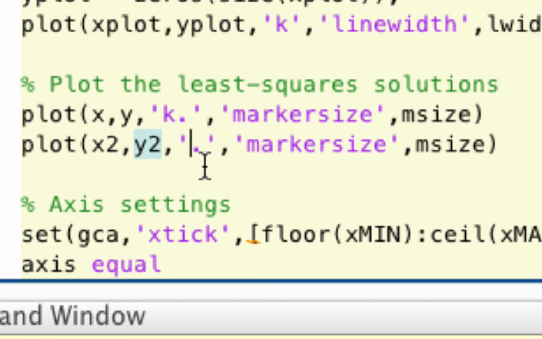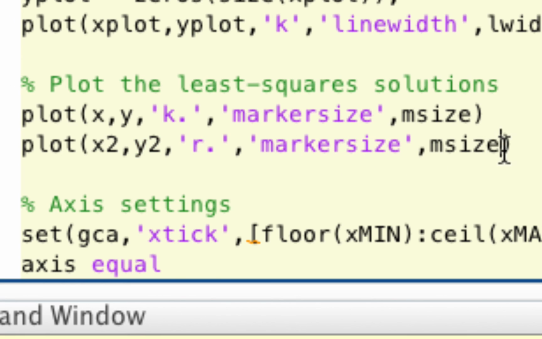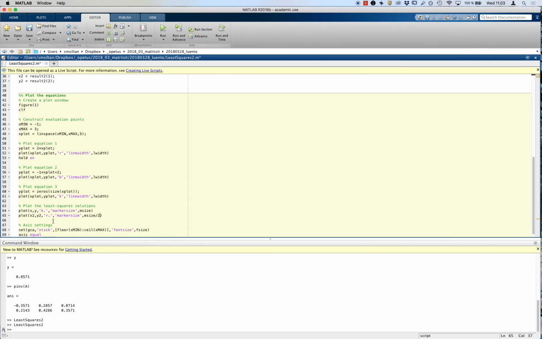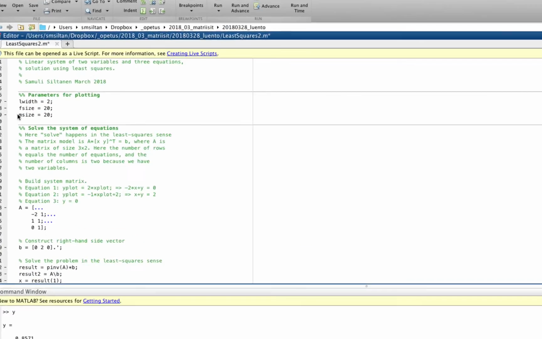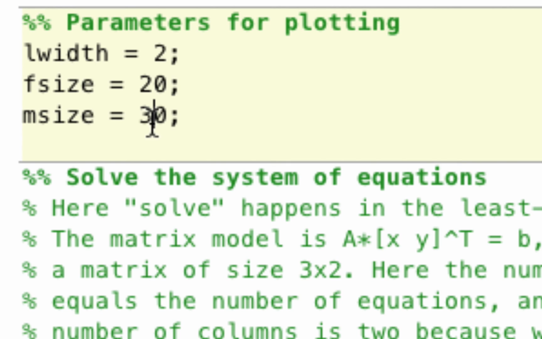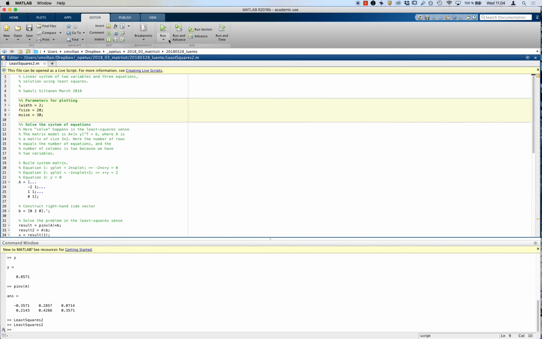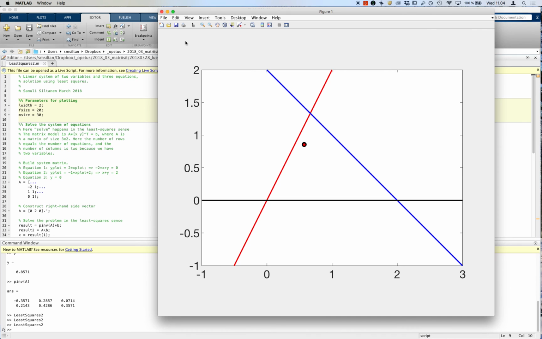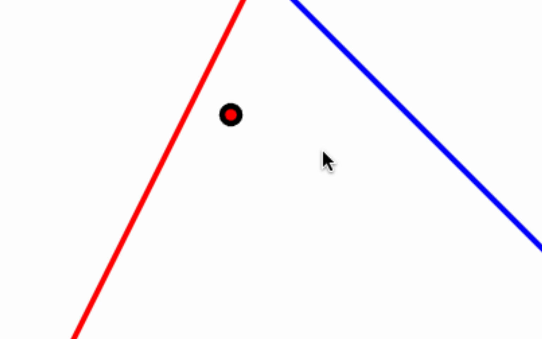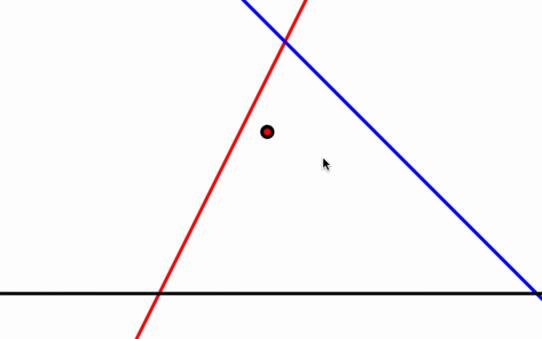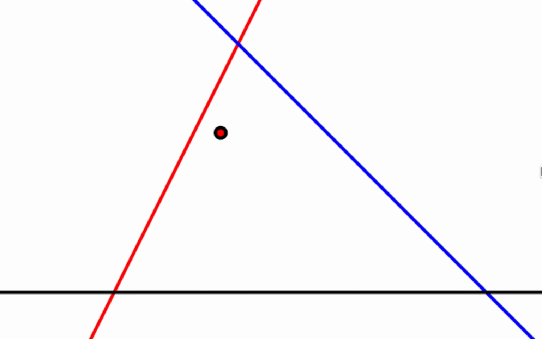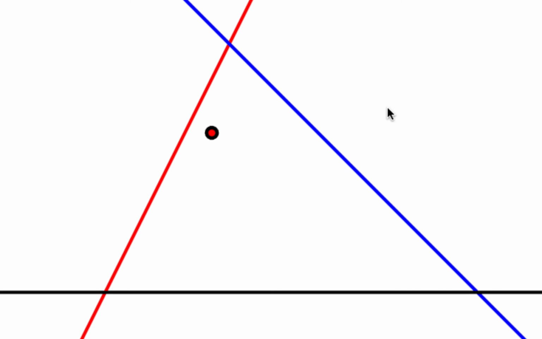Let's plot it in red and a bit smaller. If we can make the marker size a bit bigger here. Ooh, let's see what happens. Well, as you can see, they do coincide. So I think that's where it really is, although I must say I'm always a little bit surprised where the solution actually is. But that's where it is.